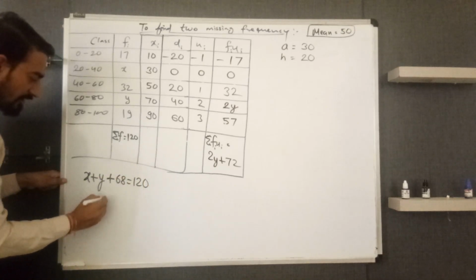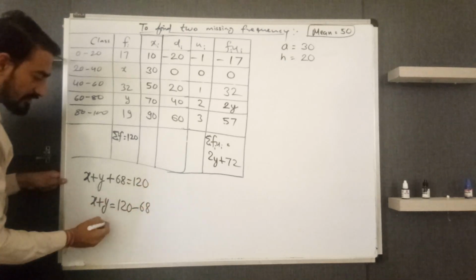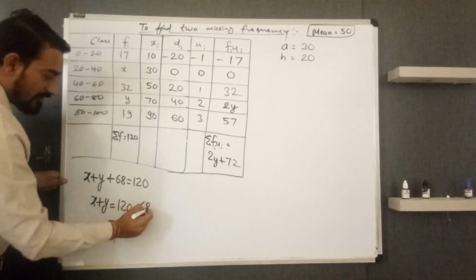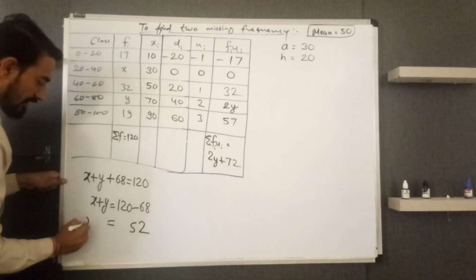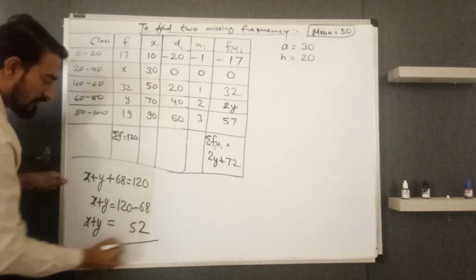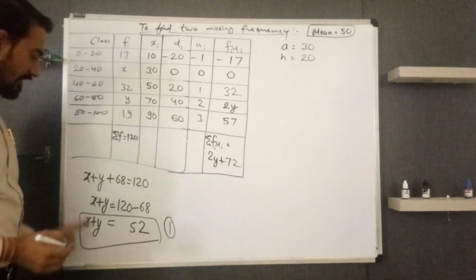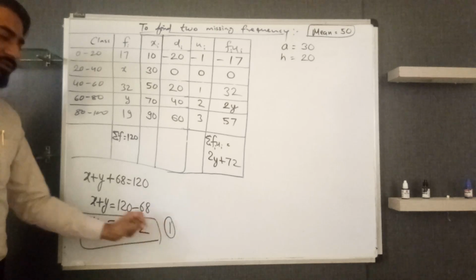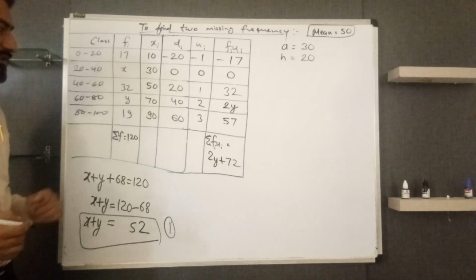So x plus y is equal to 120 minus 68. Then what will we get? x plus y is equal to 52. Name it equation 1. x plus y is equal to 52. This is a linear equation in two variables.